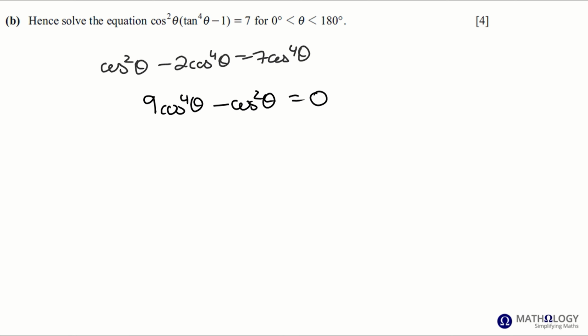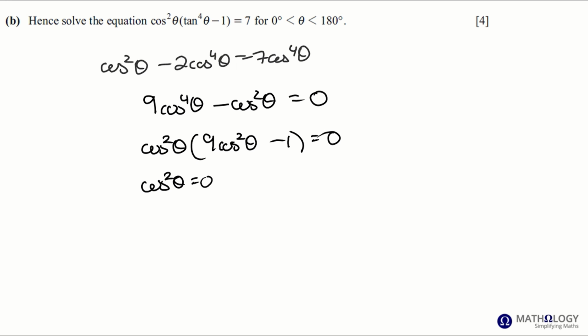We take out cos squared theta as a common factor. So cos squared theta times 9 cos squared theta minus 1 equals 0. Now we can just solve: cos squared theta equals 0 or cos squared theta equals 1 over 9.